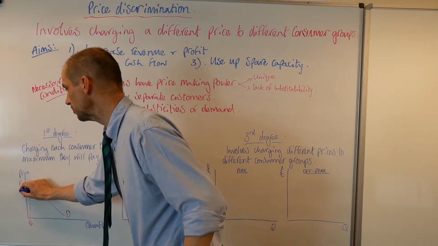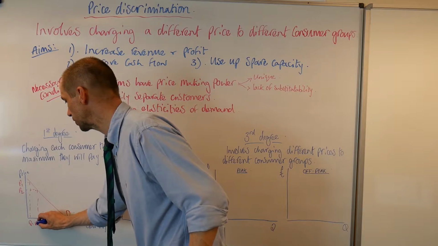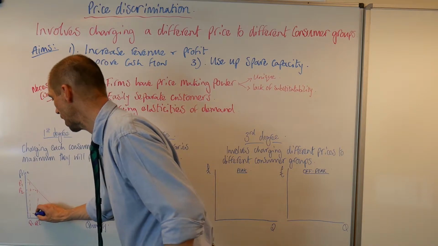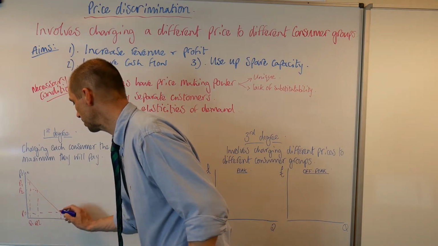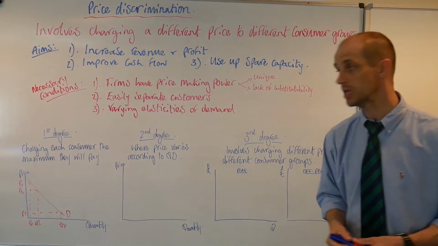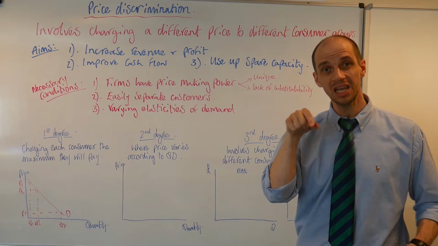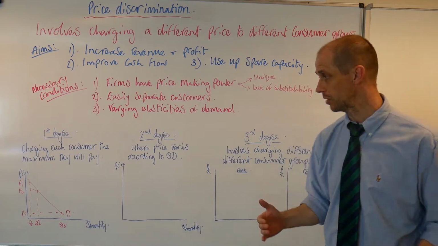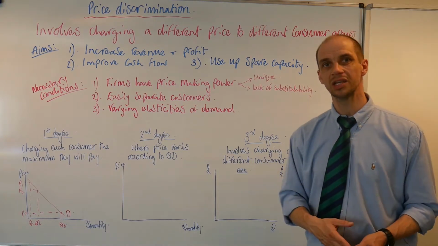Meanwhile, you charge someone else P2, and they receive up to Q2, and you might have a price level of P3 because for that third customer that's all they're prepared to pay. So you are deliberately charging a price in line with what each of those consumers is prepared to pay.